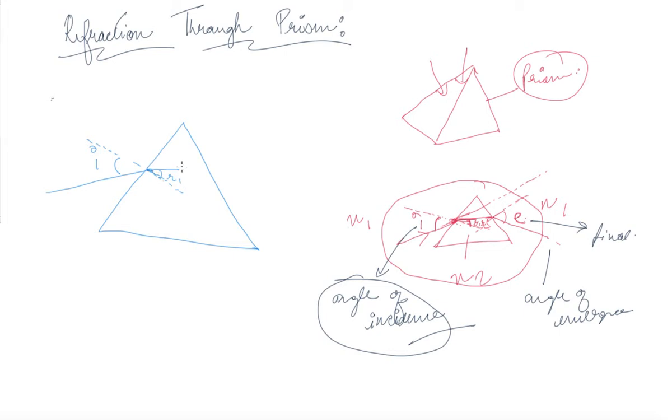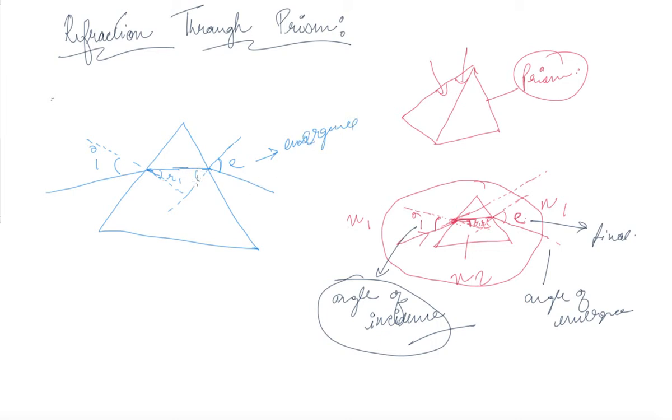Now because of this R1, this part strikes the wall over here, and after it strikes the wall, it again undergoes refraction and it comes out. So if I draw a normal at this particular point, this particular angle is the angle of emergence.